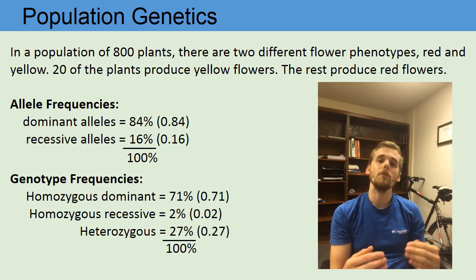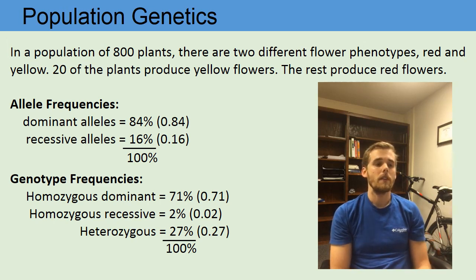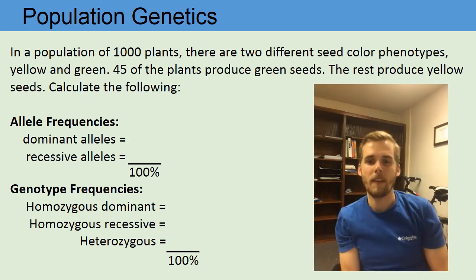In other words, evolution is occurring. So with the Hardy-Weinberg equation, we can measure the rate, the magnitude, and the direction of evolution for a particular population. So the Hardy-Weinberg equilibrium principle is fundamental to the study of population genetics.